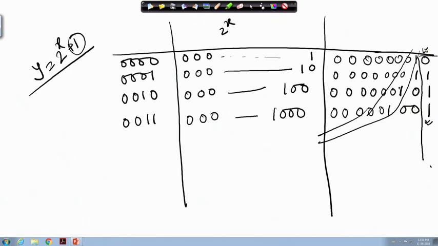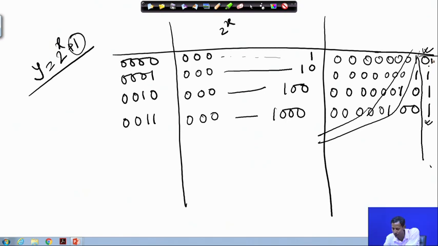So, here what happened? It becomes just the inversion of P0. That means, in the earlier case it was 1 and the rest of the bits were 0, but here what happened? This has become 1, but the rest of all cases became 0.